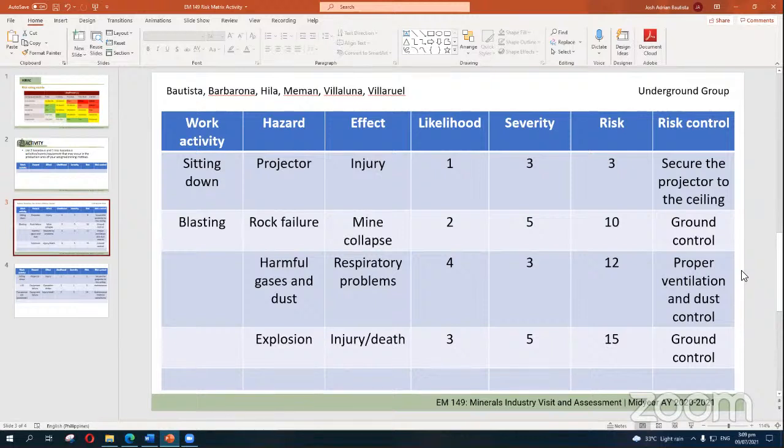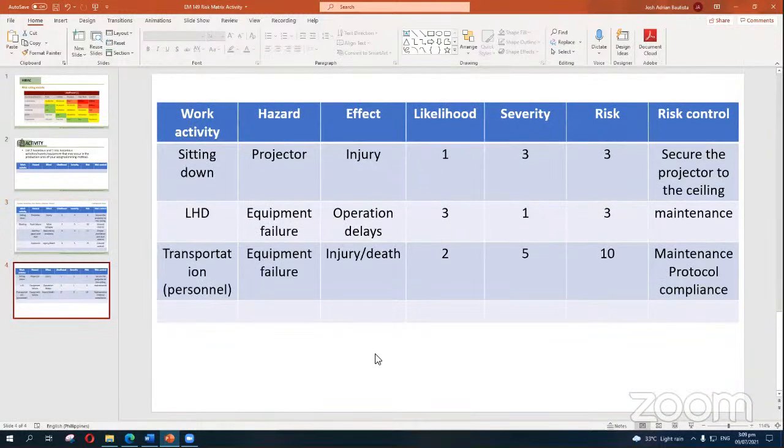Okay, sige. Can I see your next slide? Ayan. So dito, siguro mag-comment lang ako konti dun sa LHD. So the hazard is equipment failure, and the effect, siguro we are looking for something more na magko-cause talaga ng harm.